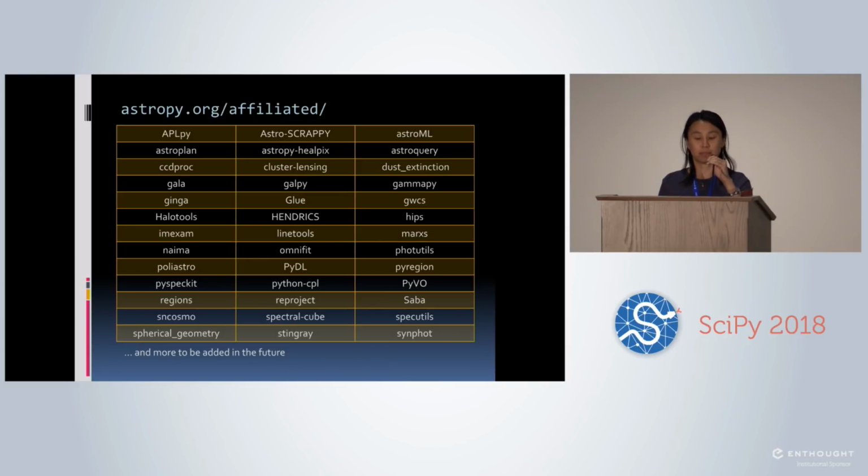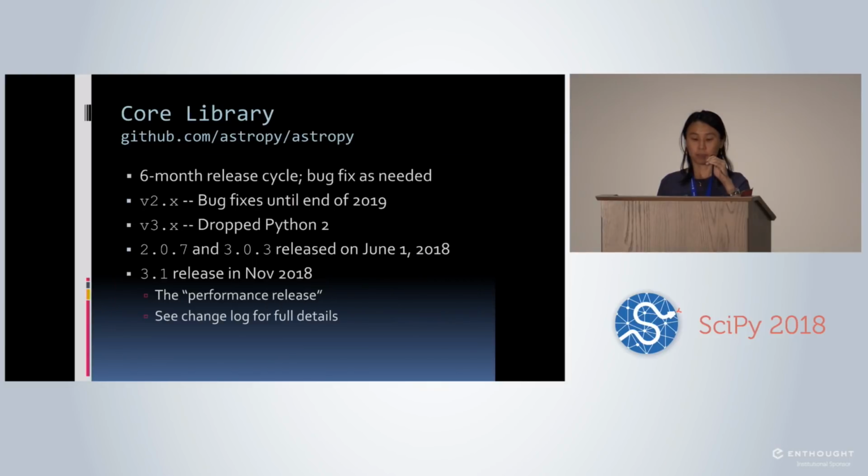Don't have time to talk about them either, but you can go to the URL to learn more about them. They cover a lot of fields in astronomy. Very nice, very useful. And this is not a final list. There are active applications to the Astropy project to be affiliated, and they'll be reviewed and added in the future.